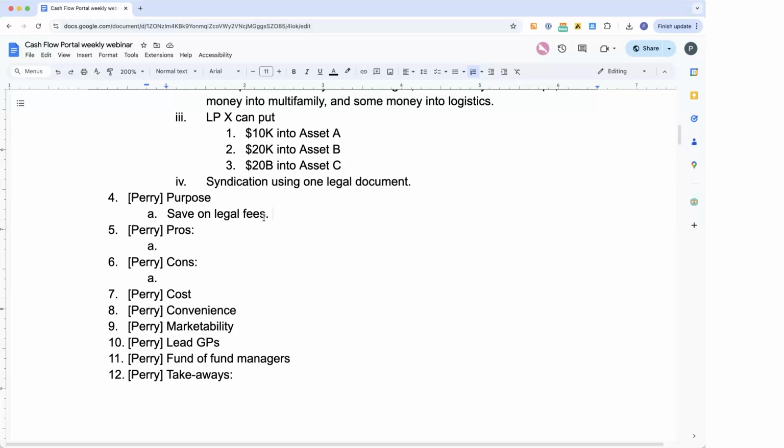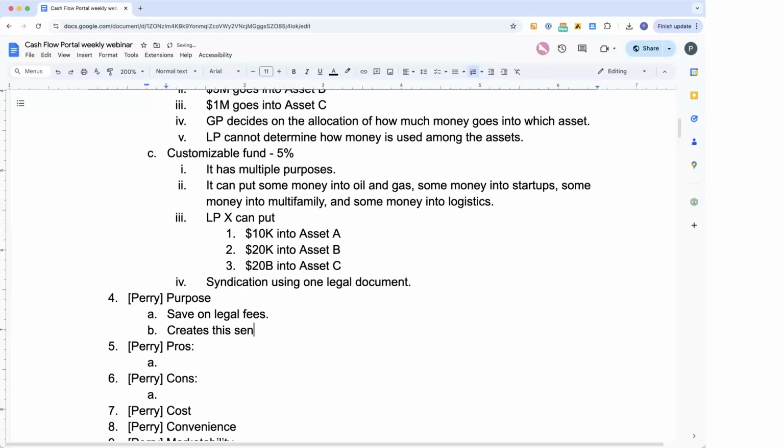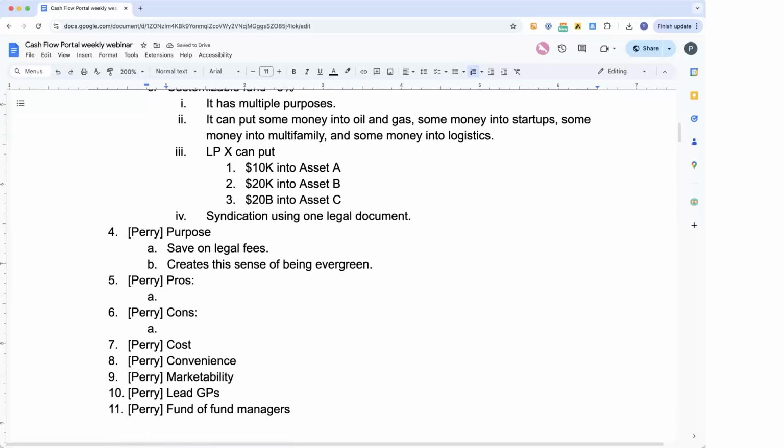And so as a software, we do support it. But as a legal entity, this webinar is focused on that. So the purpose of the customizable fund is to save on legal fees and create this sense of being evergreen.